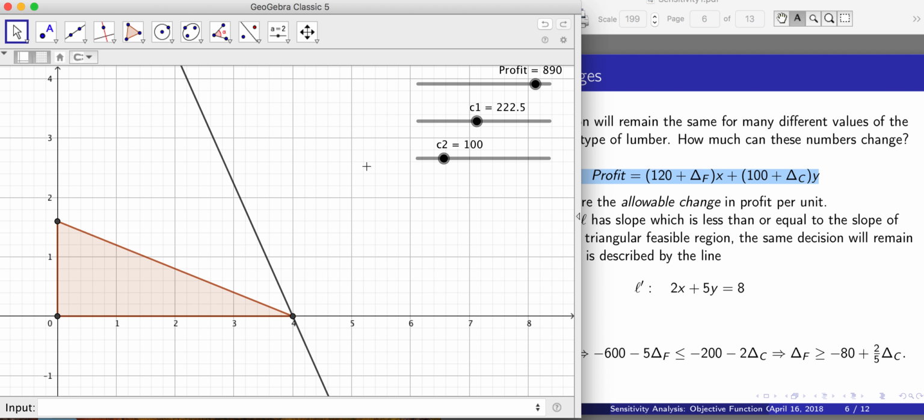But if I increase the slope, and what I mean by that is the slope of this line is negative, so making it more steep is actually decreasing the slope. It's making it a larger negative number. So we want to know how much can we change it. In this example, making this line steeper and steeper will never change the decision.